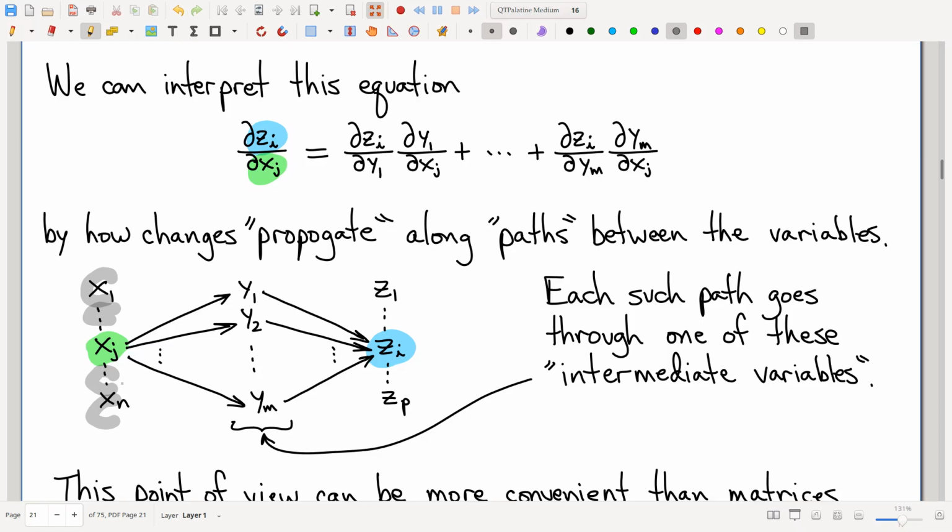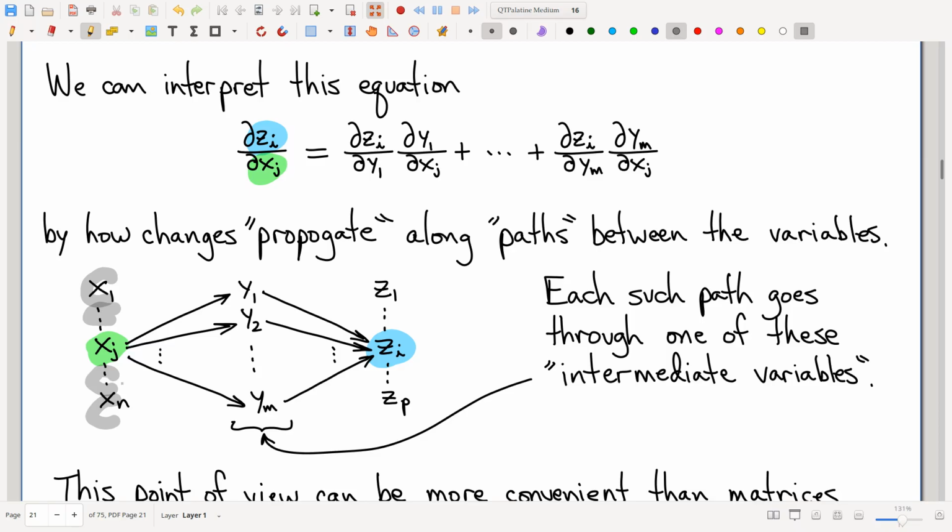Individually, each one of these y's, upon changing, will contribute to some change in zi. Zi depends on, for example, y1. However much y1 changes, that's going to cause some corresponding change in zi. But y2 changing will also contribute to changes in zi, and on down the line. And the ym, upon changing a little bit, will contribute to a certain amount of change in zi.